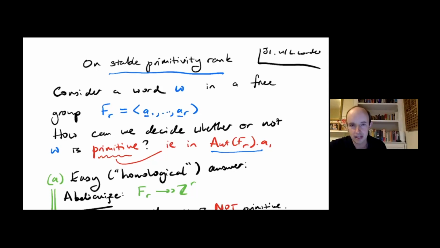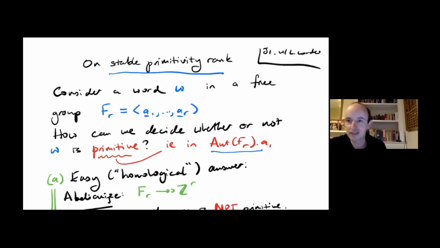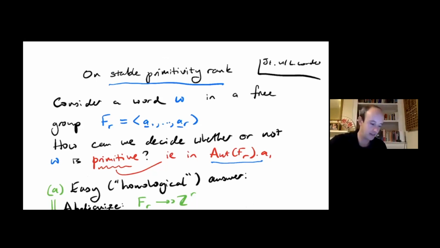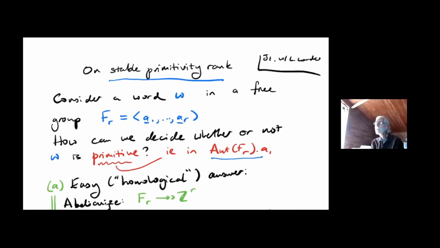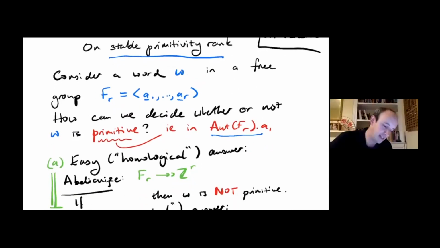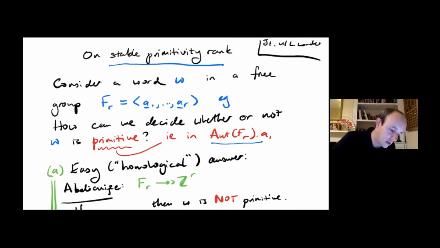You don't just look at the word and say, oh, is it of length 1? That's not good enough. It could be more complicated than that. For example, a silly example, let me write it up here: A1 A2 is a primitive word. That's an example of a primitive word.